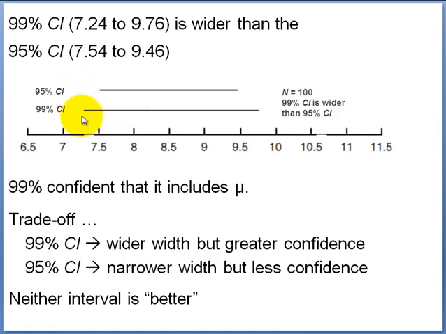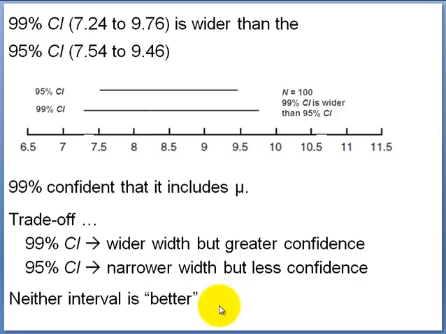Or you can, in a sense, be more conservative and build a wider, less satisfying, less precise interval, but you're going to be 99% certain that it's doing its job. In other words, that the population mean is within that range.